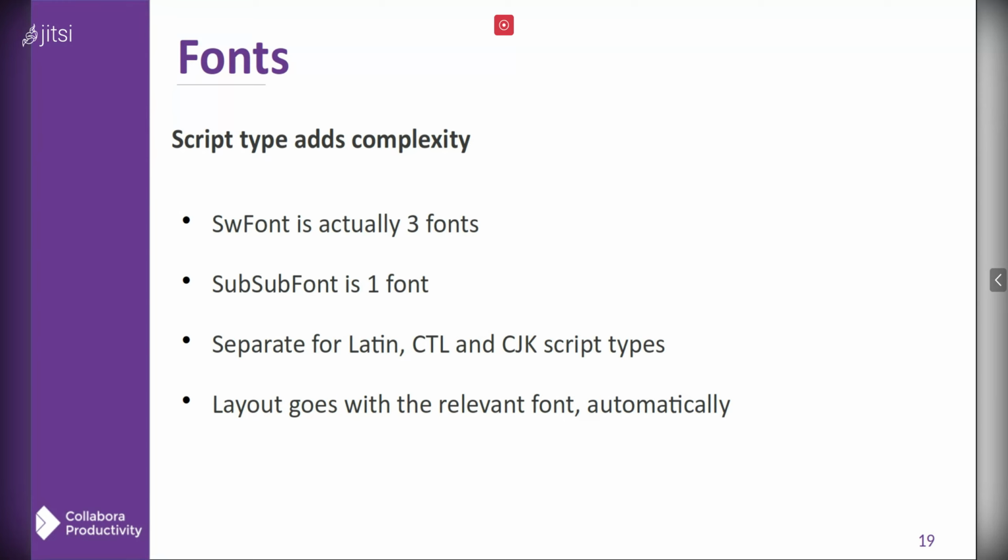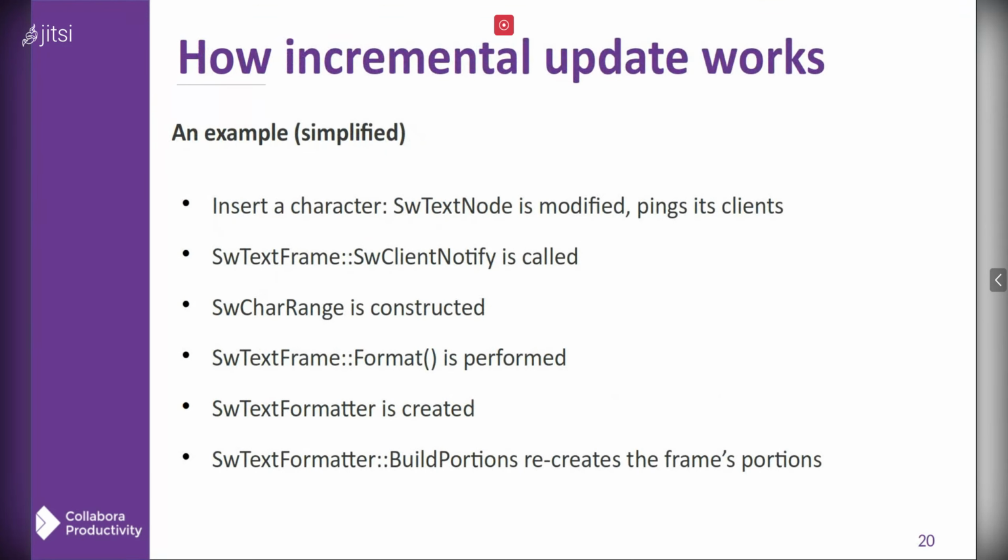Perhaps let's look at how incremental update to the layout works, because in case you press a single key, then we don't recalculate the entire layout from scratch. Yeah, simplified picture, but roughly it goes like this: you press a key, so the edit window will mutate the text node for you. The text node is modified, so it will notify its clients, and then the text frame has a callback in this SW client notify, which will try to update the text frame.